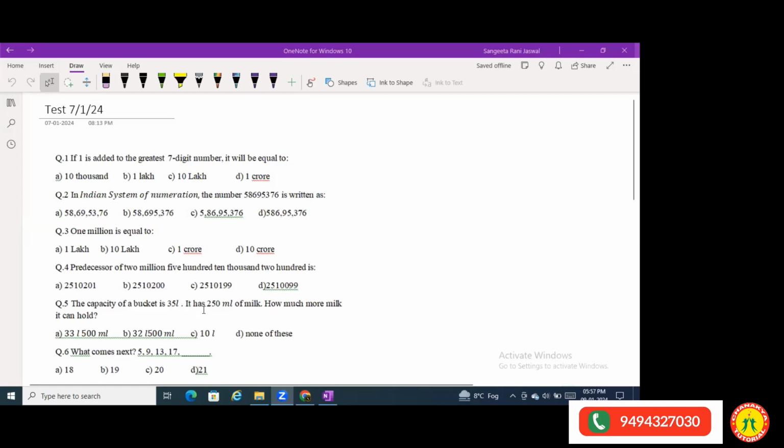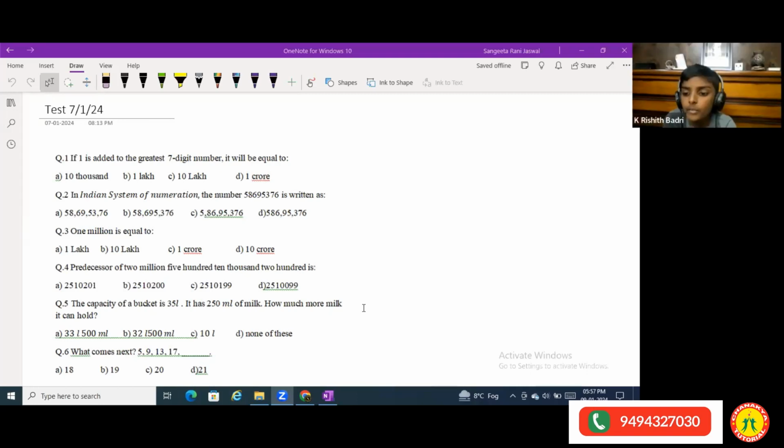The capacity of a bucket is 35 liters. So 35 liters minus 250 ml is 34,750 milliliters. Convert it to milliliters. It is 34 liters, 750 milliliters.